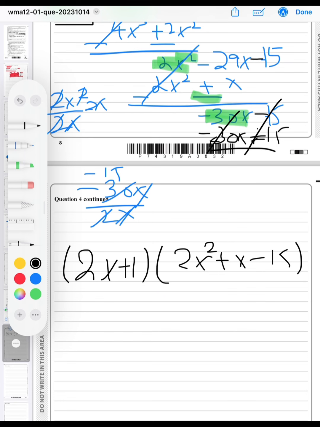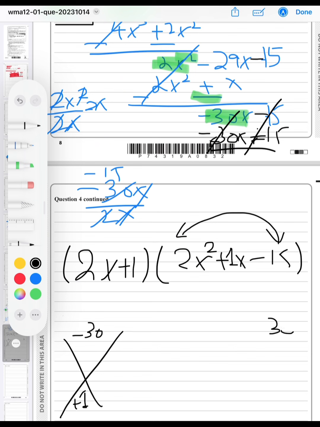We'll multiply the first and last terms. So the first and last term, the product is minus 30 and the middle term is plus 1. So which means that we'll make the factors. So we have 2, 5 and 3.